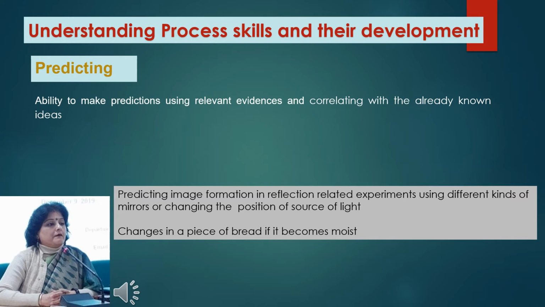For example, we can tell the learners to predict the image formation in reflection related experiments, where we are using different kinds of mirrors or changing the position of the source of light. Every time we can tell the learners to predict where the image would be formed or how the image would be formed, and then do the experiment to check whether the prediction was correct or not.